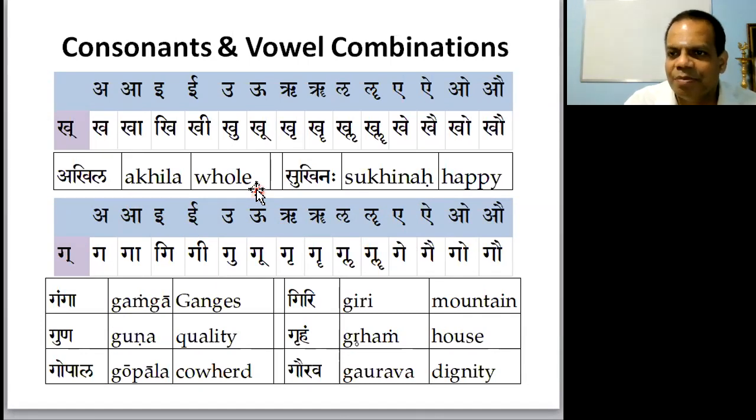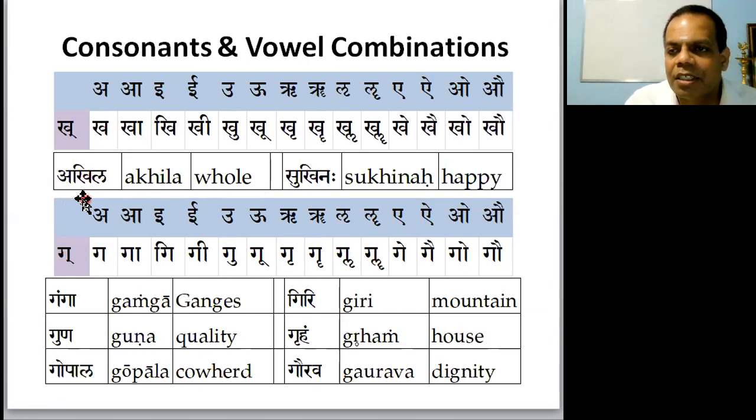It's not a piece. Akhila Jagat ke Data, like that, there are bhajans. In Madhurashtakam, it says Akhilam Madhuram. Everything about Krishna, the whole Krishna, is sweet. So it's used Akhila.